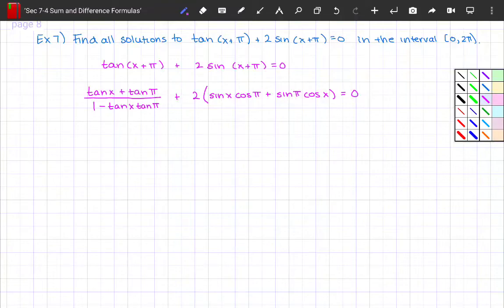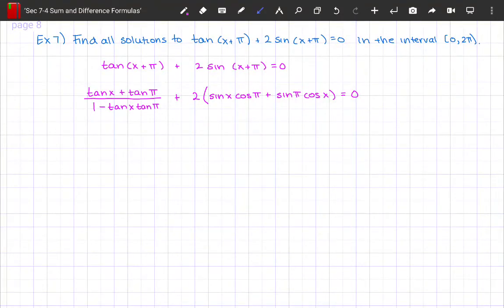Oh my goodness, that looks awful, huh? But the good news is we can evaluate some of this. Remember, tangent of pi is 0, and the cosine of pi is -1. The sine of pi is 0.